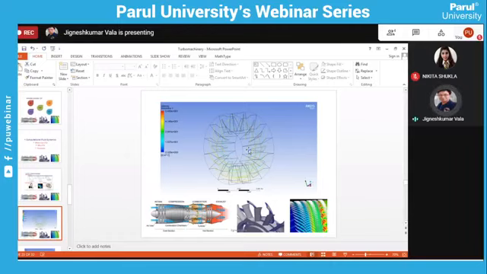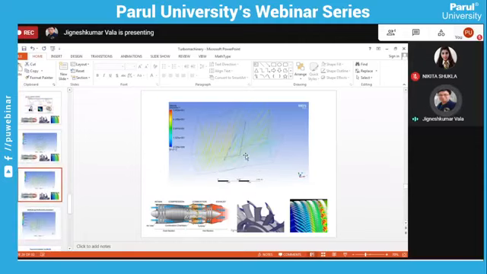Here there are different types of colors available, and we will discuss them. Also, with the velocity streamlines, we can identify how much pressure is formed over the suction side as well as the pressure side. So this is a three-dimensional analysis.